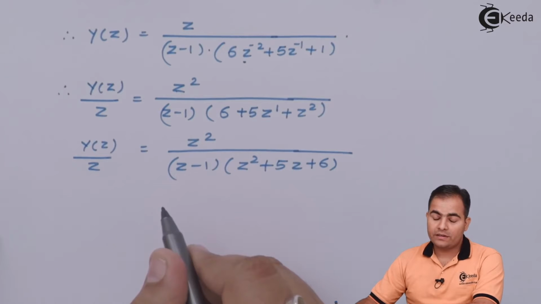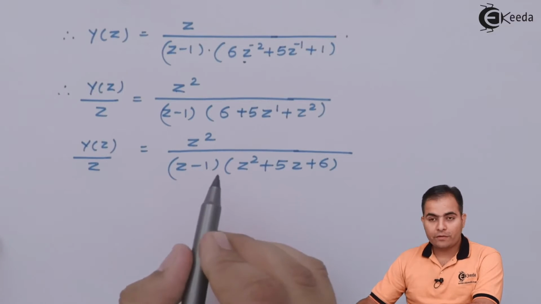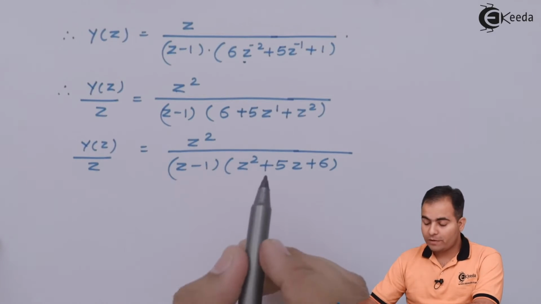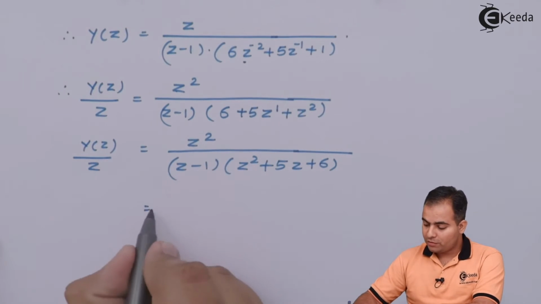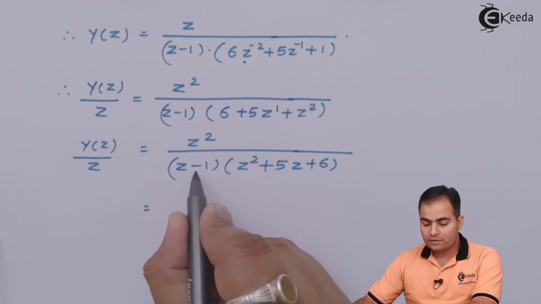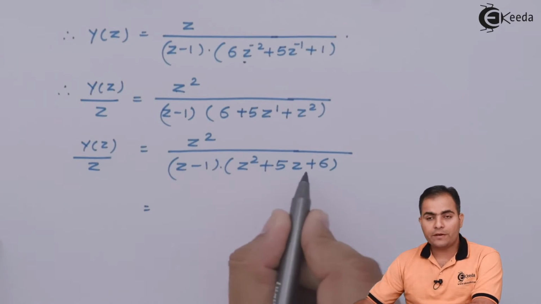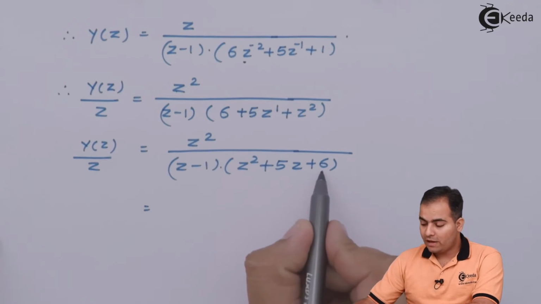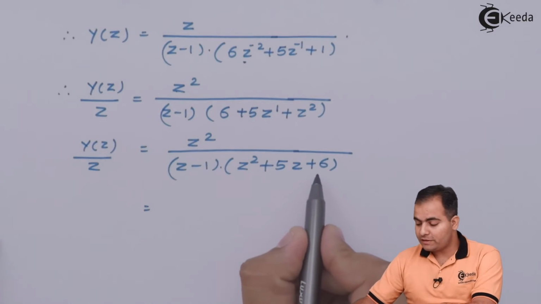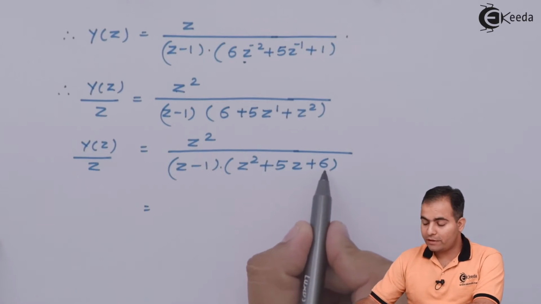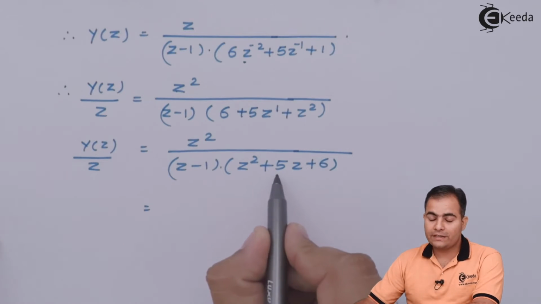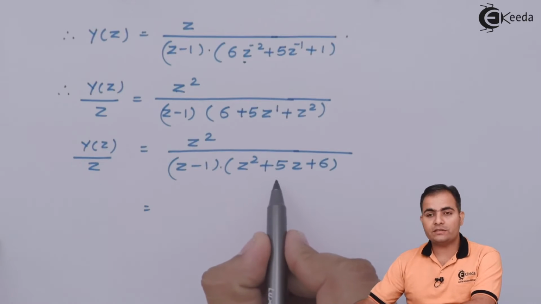Now what we want is the inverse Z transform, but before that we can calculate it by performing partial fractions over here. So this is one factor, but here we can obtain two factors, and what are those? The last term is always the product of two digits, which means if I consider 3 and 2, 3 twos are 6, but the middle term is always the addition of the same two digits, so 3 plus 2 is 5.